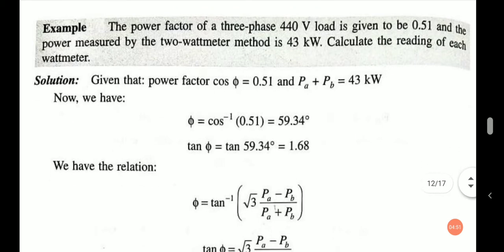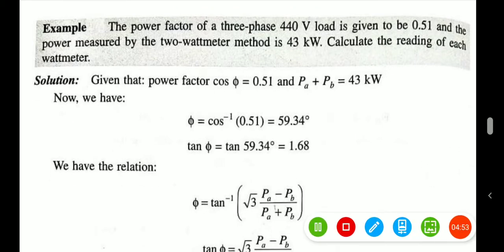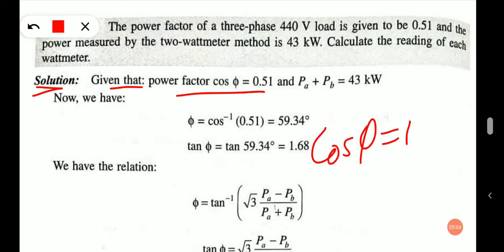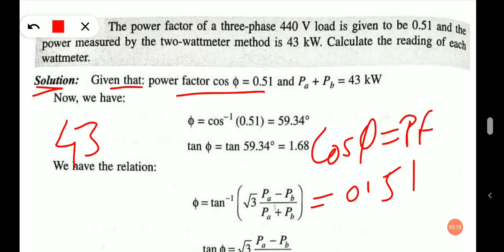So in this numerical, the power factor, that is cos phi, is given as 0.51, and the power measured by the 2 wattmeter method is 43 kilowatt.